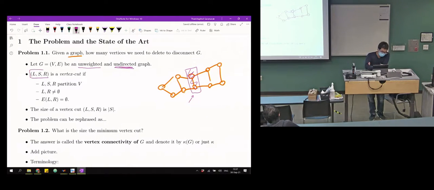The first thing we need to talk about is the notion of vertex cut. This is just a partition of vertices into three parts.